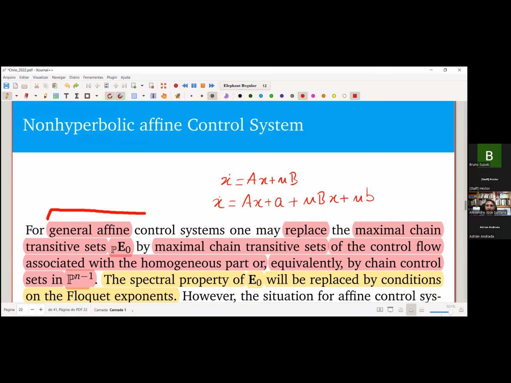In this kind of system, the computation is more complicated, of course, and we may replace the maximal chain transitive set in the projective space by a maximal chain transitive set of the control flow associated with the homogeneous part.